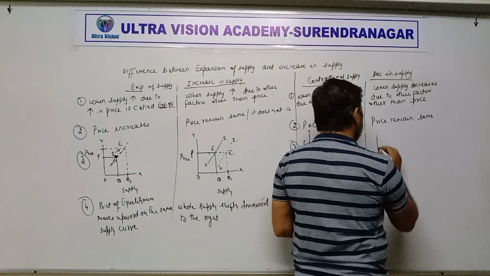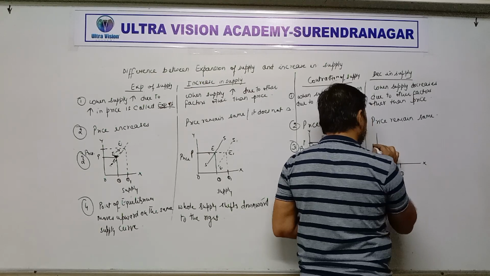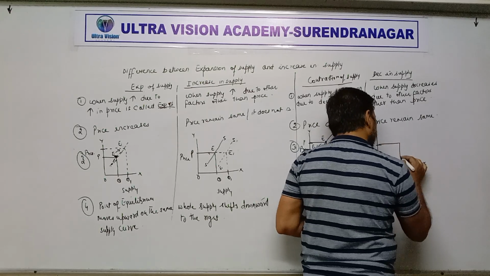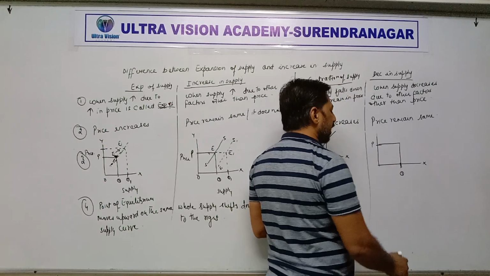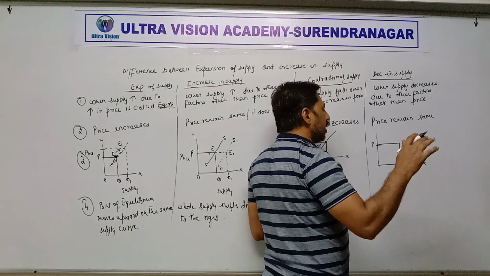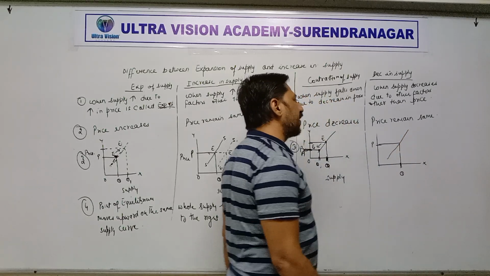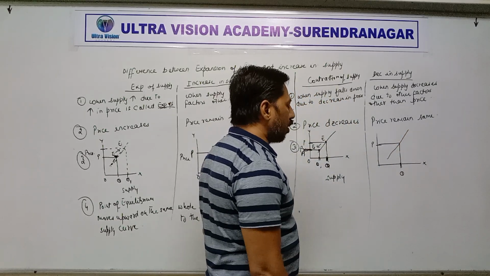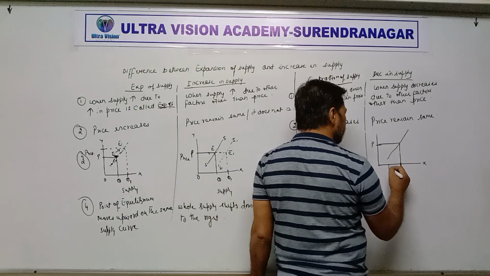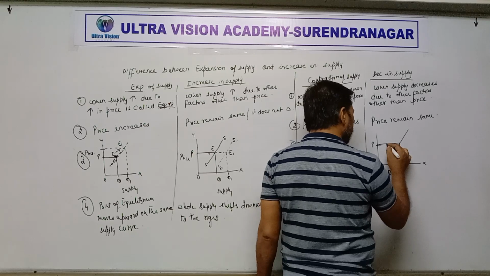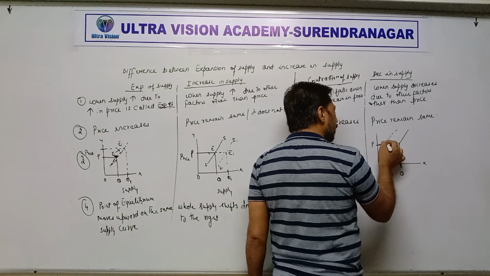In case of decrease in supply, price remains the same, but here the supply curve is like this, and due to some other factors, not due to price, if supply decreases, then the whole supply curve will be shifted.